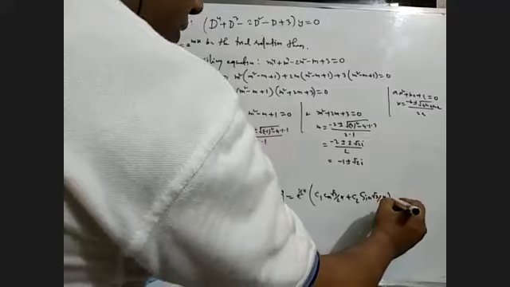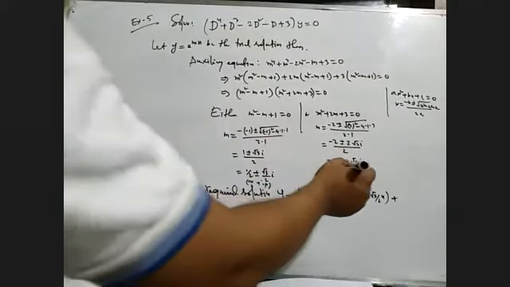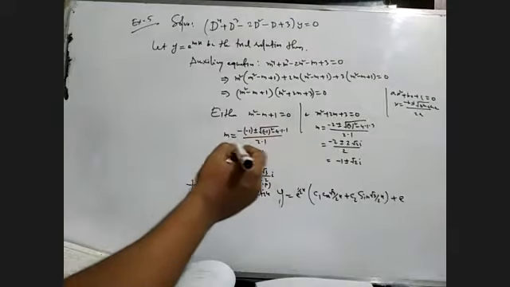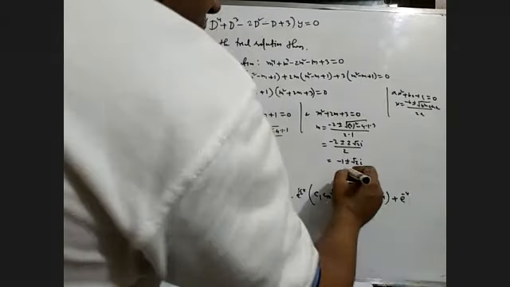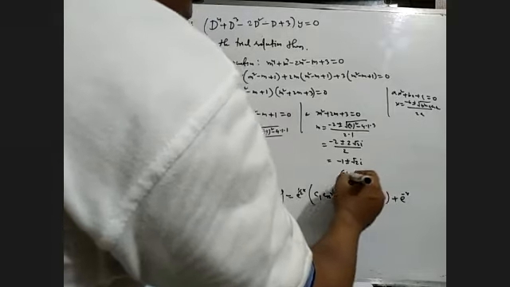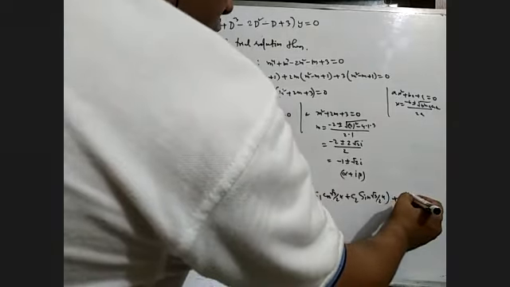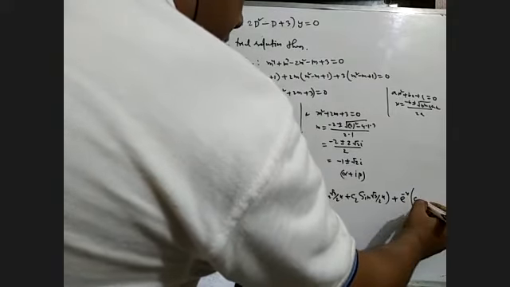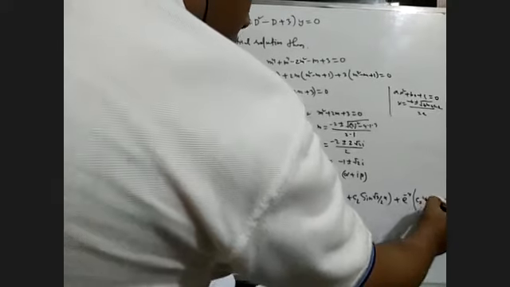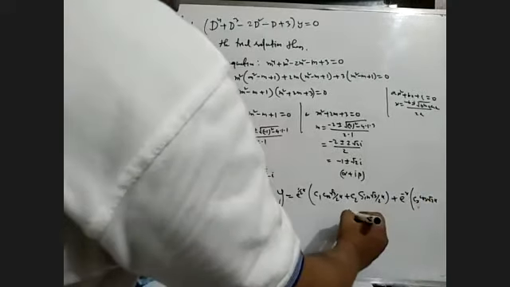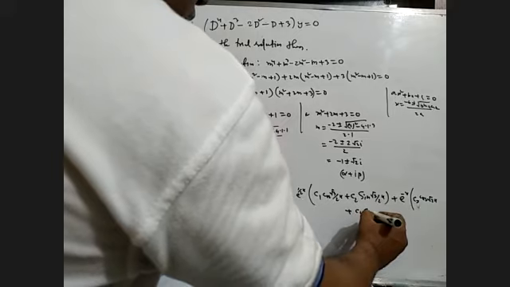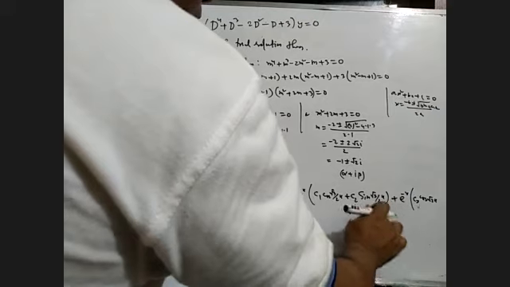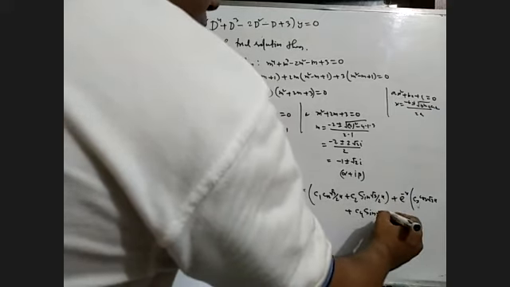Now for another part of the solution, the other two solutions, e to the power minus x. If we take alpha plus i beta for comparison, alpha equals -1. So e to the power alpha x means e to the minus x. And third constant c3 cos beta x, which is root over 2 x, plus fourth constant c4 sine root over 2 x.